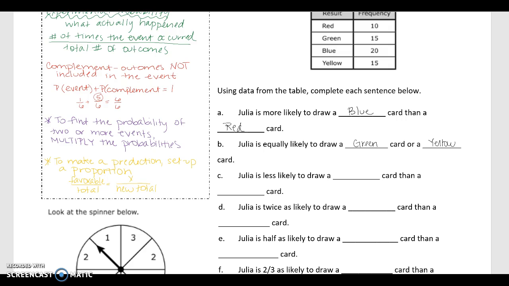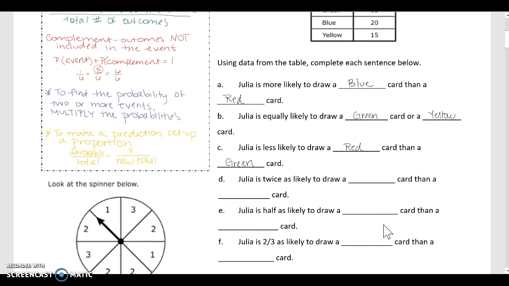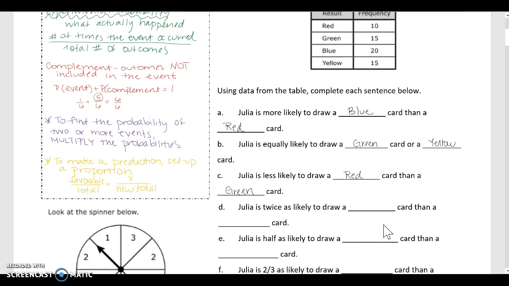She's less likely to draw, let's see, a red than a green. She is twice as likely to draw a blank. So what is 2 times the other? So she's twice as likely to draw a blue than a red. That's the only option in this one. She's half as likely, so that's the opposite. She's half as likely to draw a red than a blue.